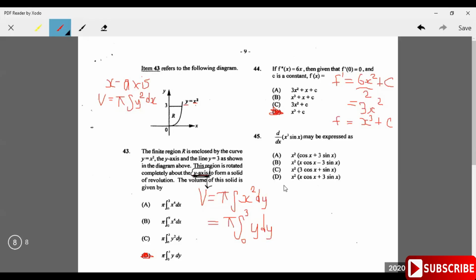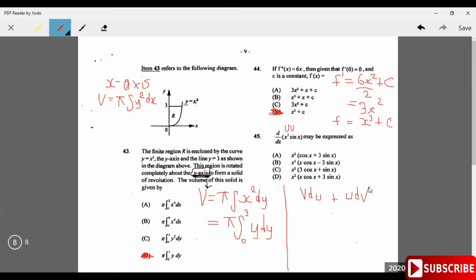Finally, the last question, it's asking us to find the differential of x cubed sine x. The differential of x cubed sine x is, think of this as u and this as v. So as we know, it is v du plus u dv.